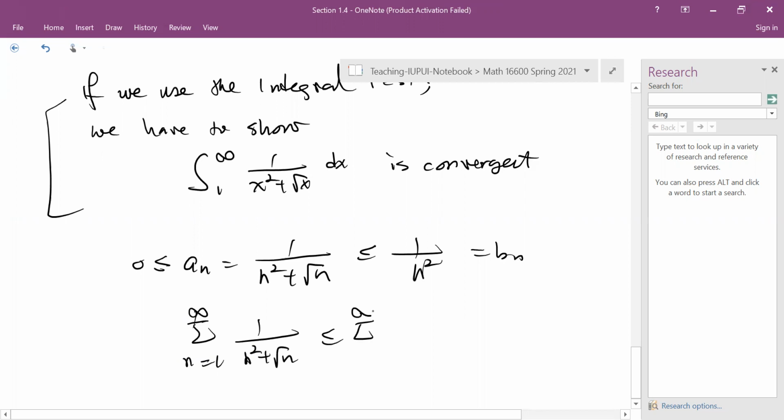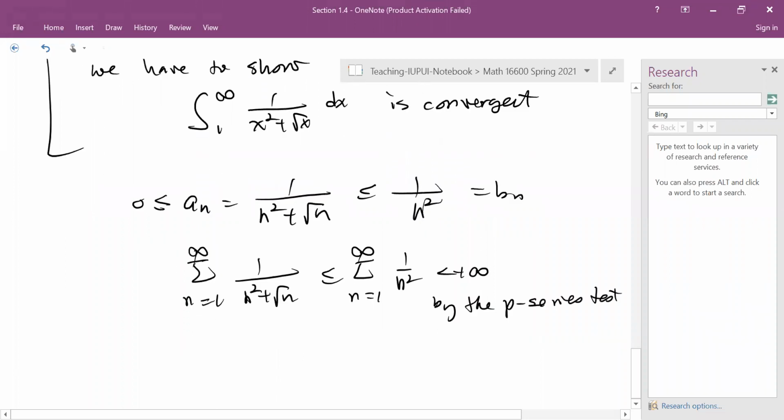Then you have this, which is finite, and you still have to say that by the p-series test. Since the one on the right-hand side is finite, the left-hand side is also finite, so that's why it's convergent.